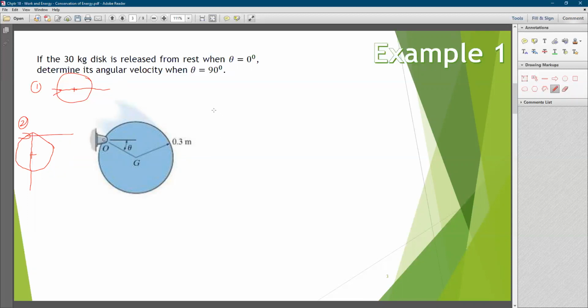Okay, from the conservation of energy, we know that E1 must equal E2. So that is the principle.